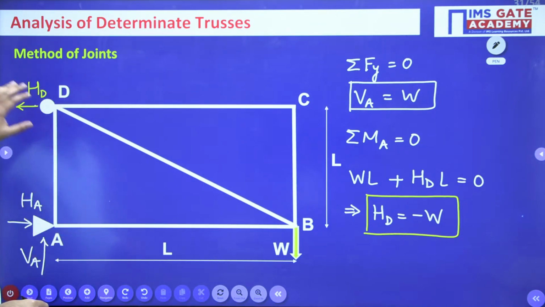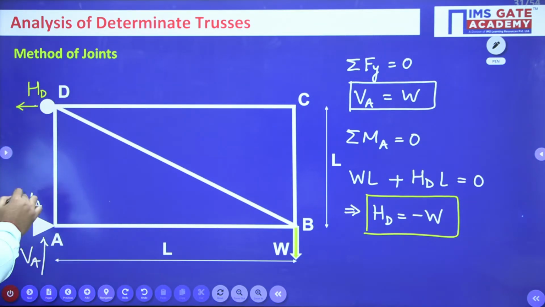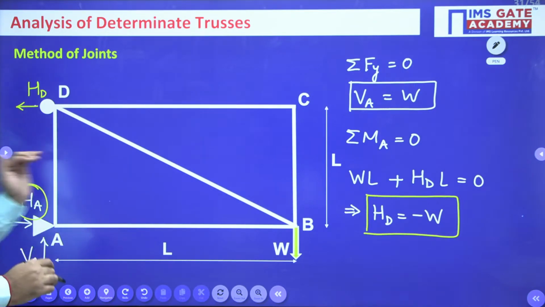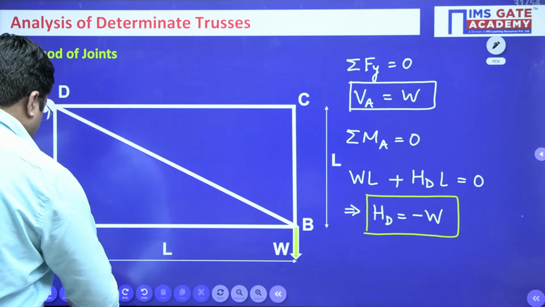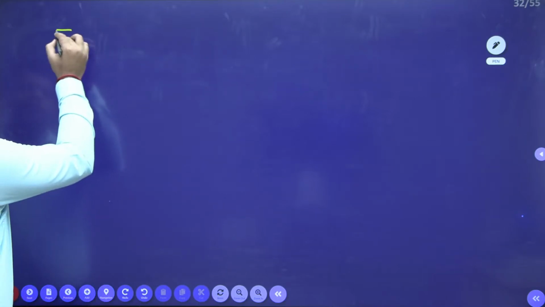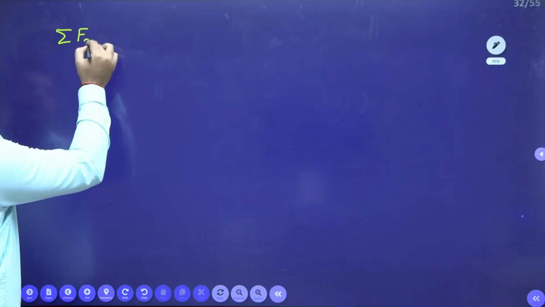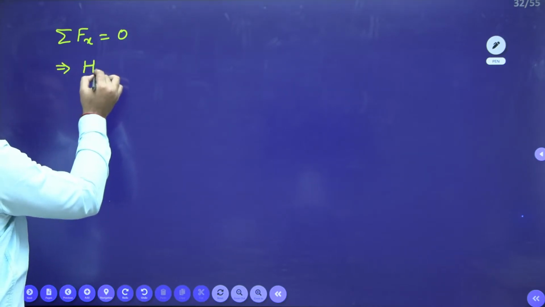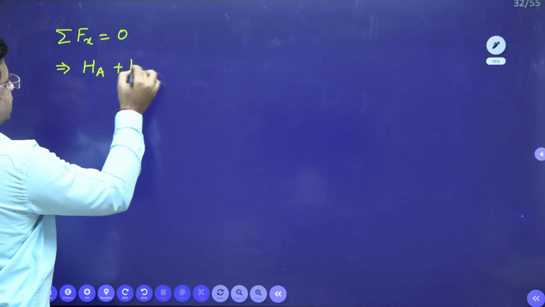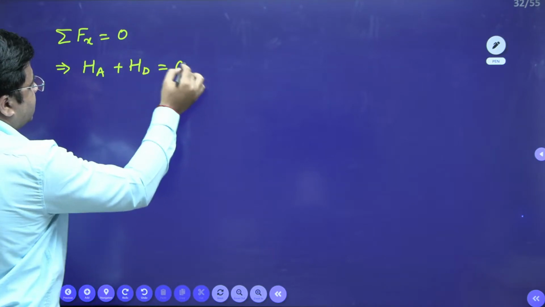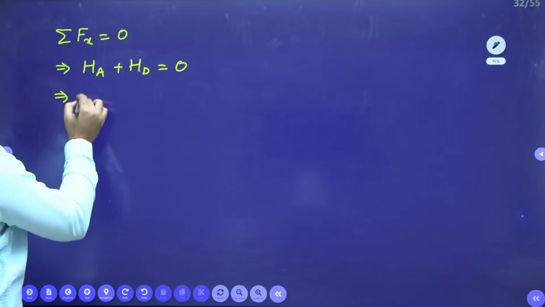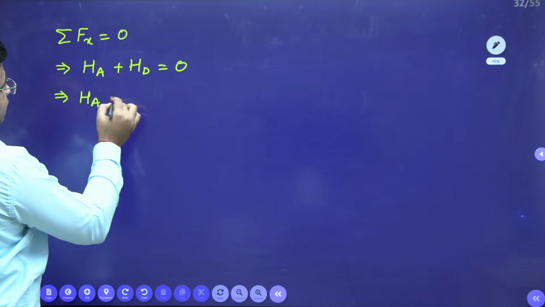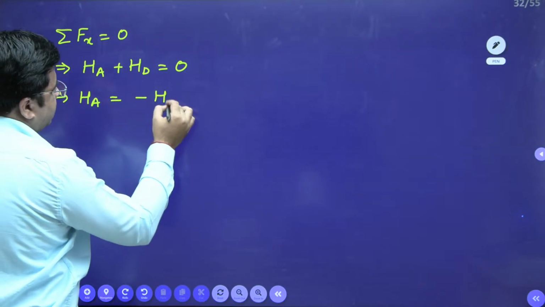Okay. Now for finding this HA, I'll take summation of horizontal forces to be 0. So this HA plus HD comes out to be 0. So this HA is equal to minus HD.